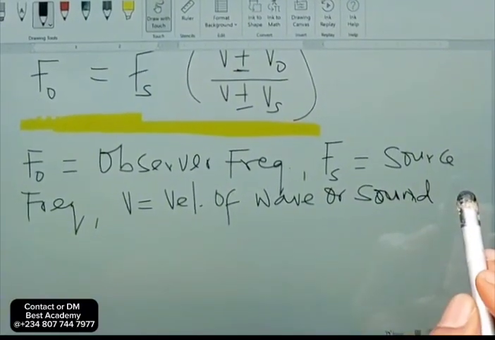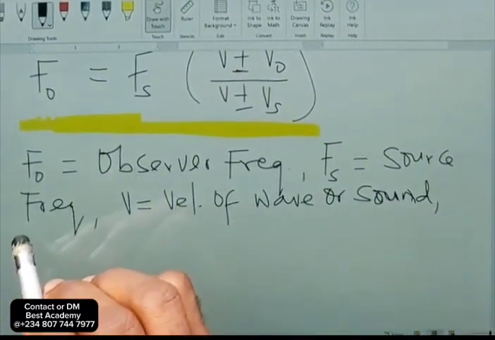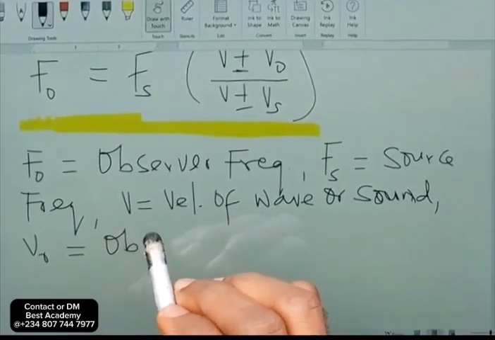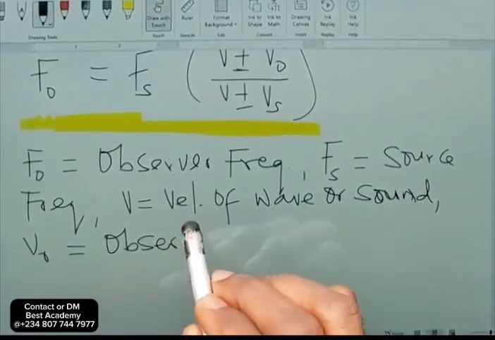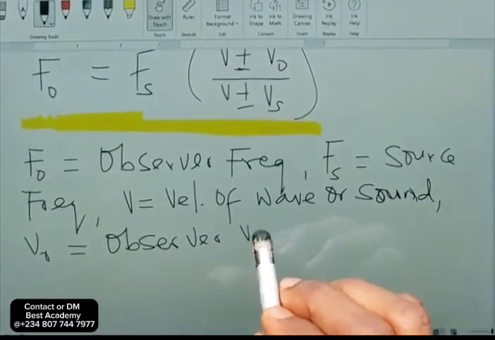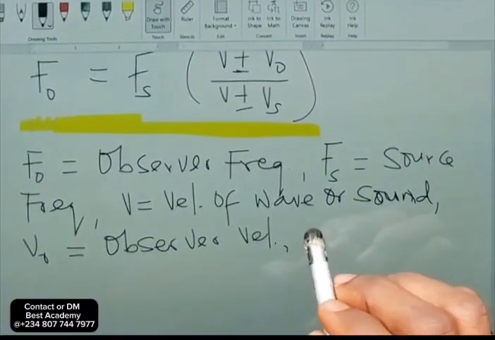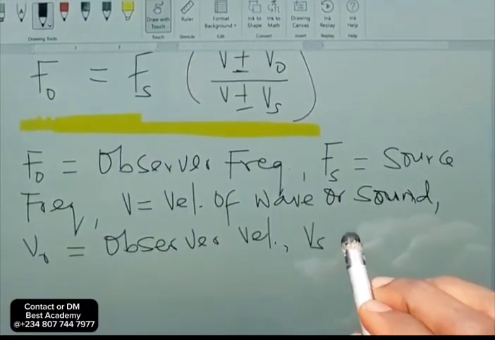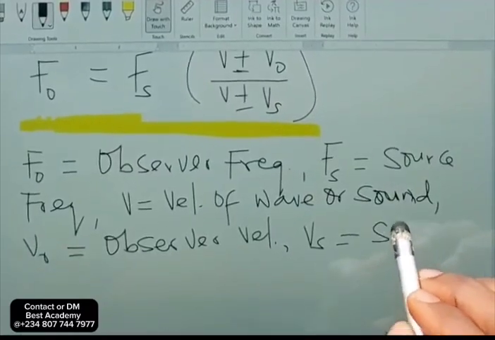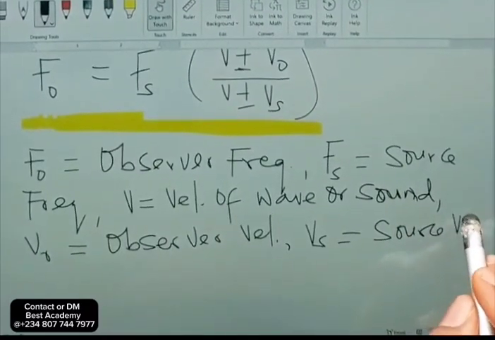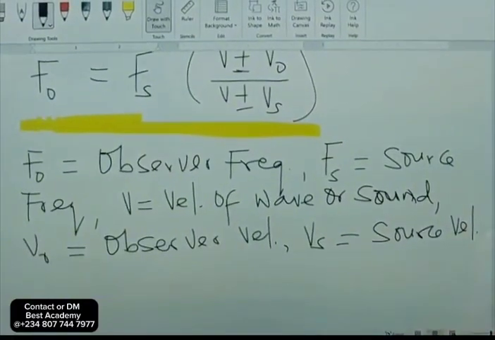Please take note. The v naught here is said to be the observer velocity. Please take note. The vs is said to be the source velocity.